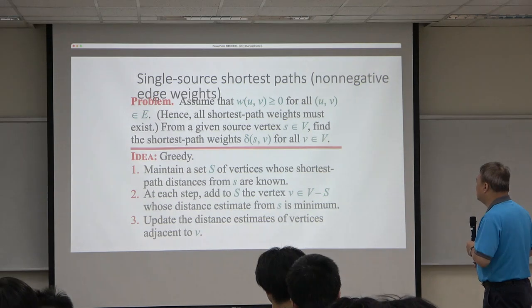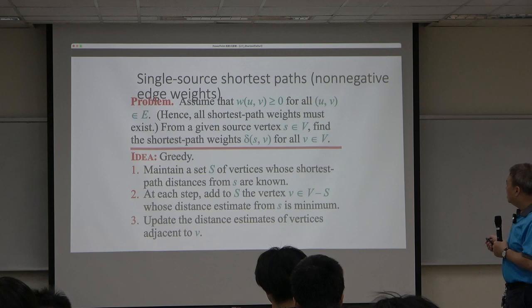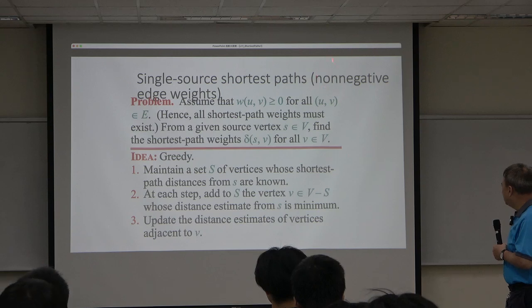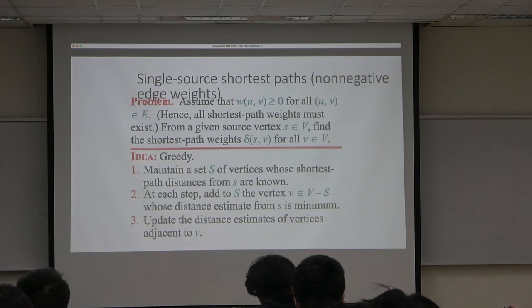Okay. So back to this single source shortest path problem. This is of course a particular situation where your graph has no negative edge weight. As I said, it's a greedy algorithm. You maintain a set of vertices, called S, whose shortest path distance from the source is known.